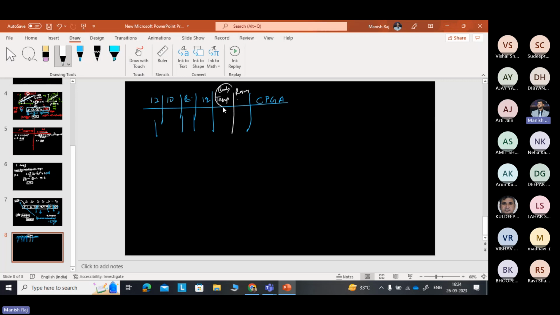So these features may not affect the CGPA. So maybe this is 0, this is 0. The coefficient of these features will be 0, so we can neglect these features. The features that are not important for you, we are removing them.